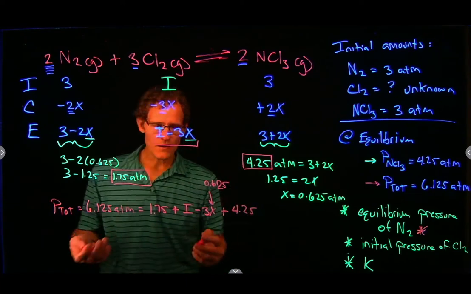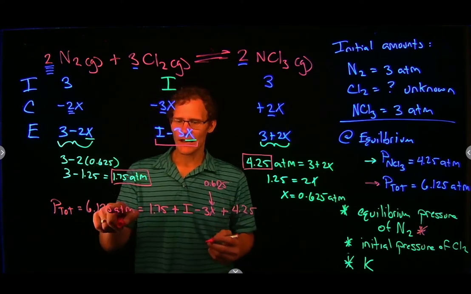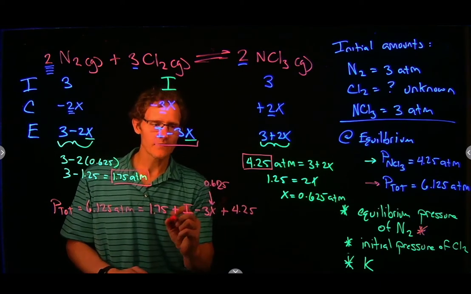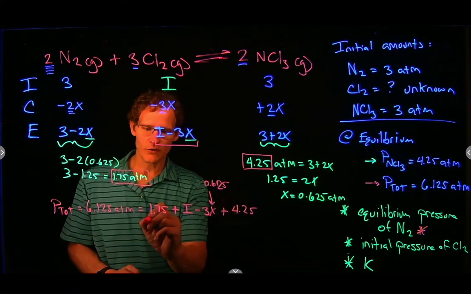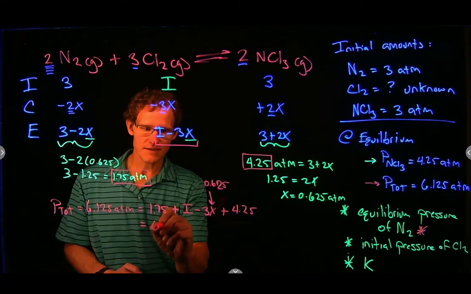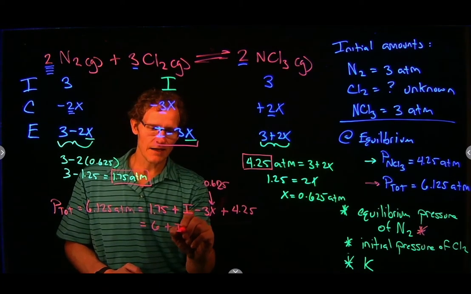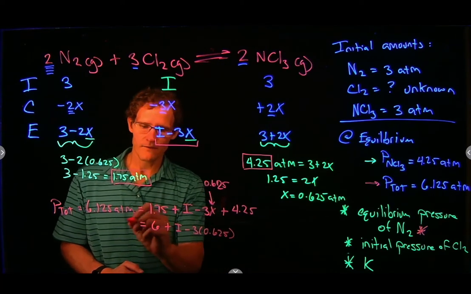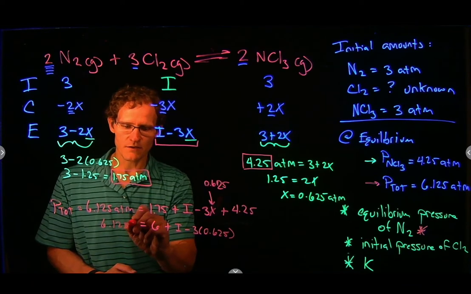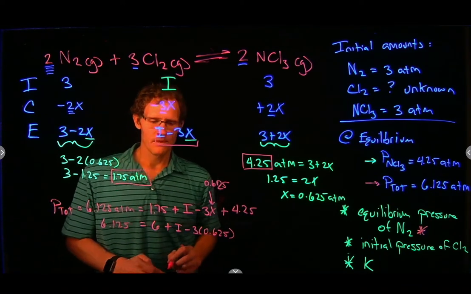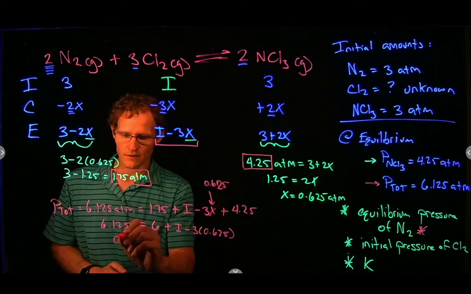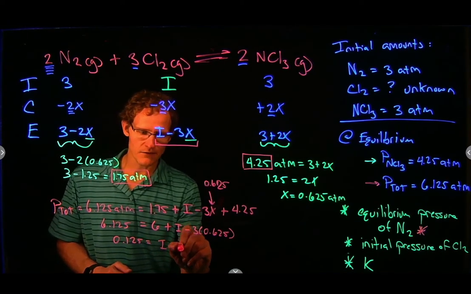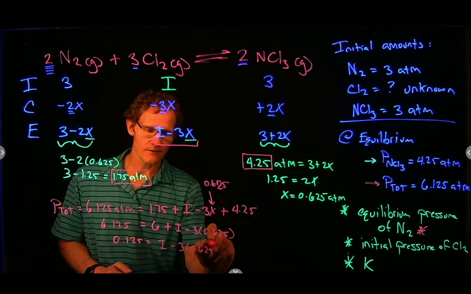Okay, so quickly rearranging this, I have 6.125, I have 1.75, and 4.25. So the 1.75 and 4.25 together are 6, plus I minus 3 times 0.625 equals 6.125. Okay, so we have 0.125 equals I minus 3 times 0.625.